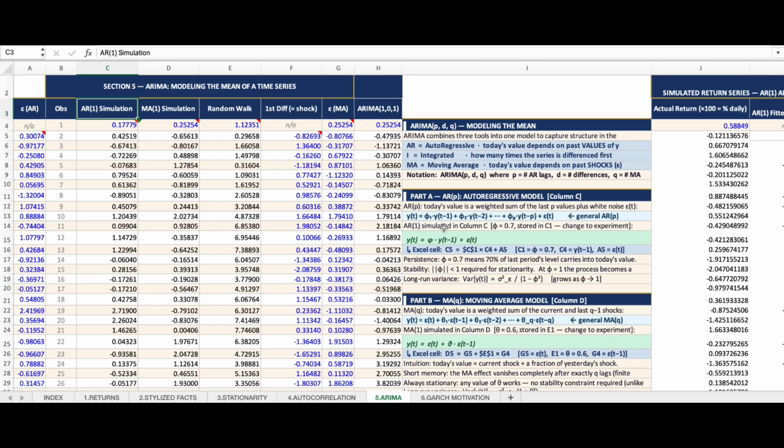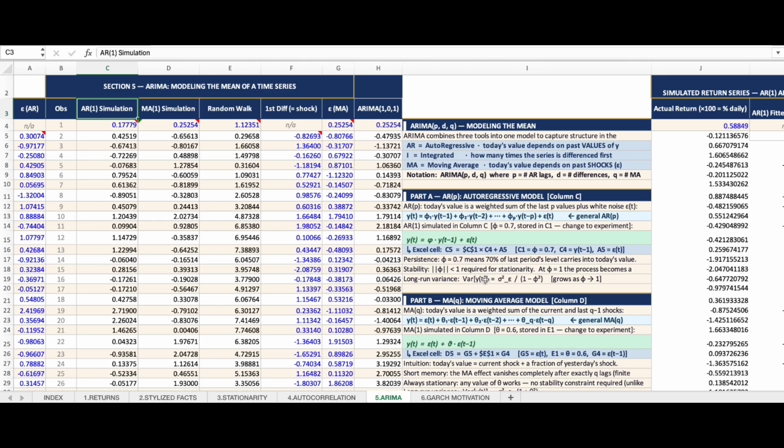And the coefficient phi controls how much persistence there is. If phi is 0.7, it means like 70% of whatever happened yesterday carries into today. And high phi means the series has memory. It moves smoothly and deviates slowly. Whereas a low phi value means it forgets the past quickly and bounces more freely.